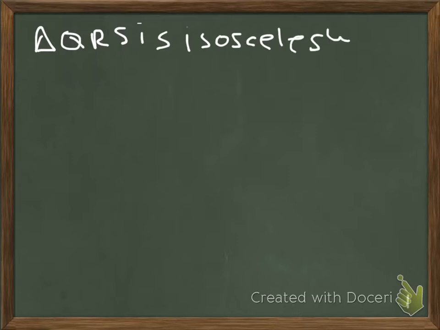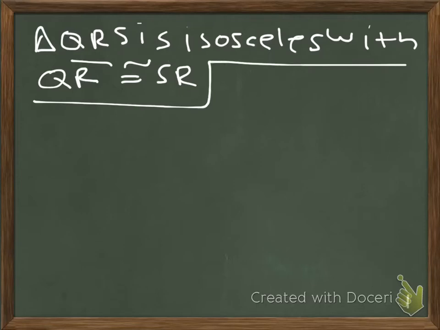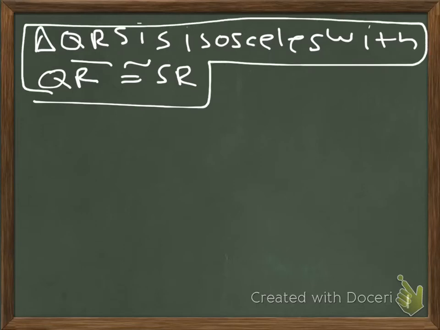So we have triangle QRS is isosceles with QR being congruent to SR, and that is put in a box, and given is underneath.